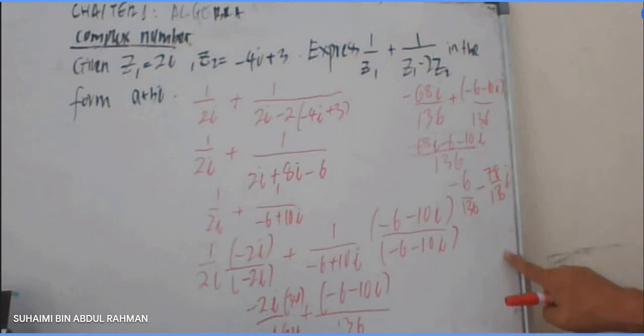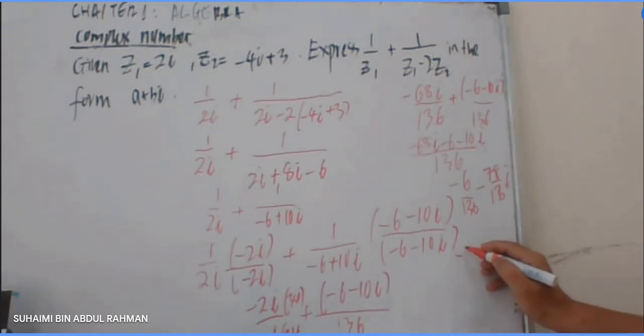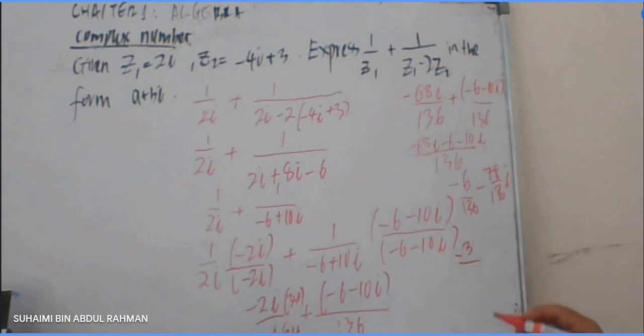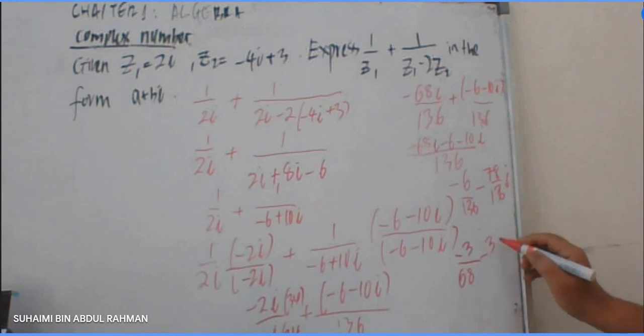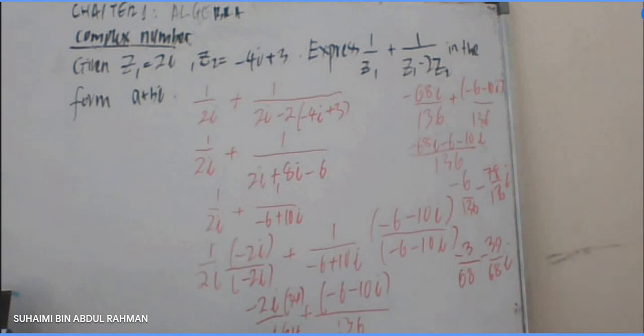We can simplify to be minus 3 over 68 minus 39 over 68i.